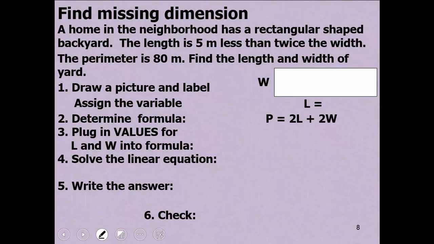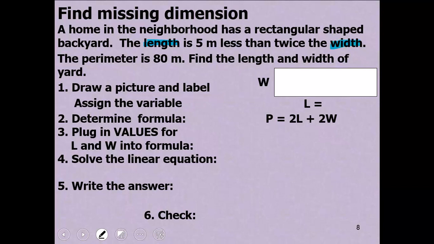Let's find the missing dimension. A home in the neighborhood has a rectangular shaped backyard. The length is 5 meters less than twice the width. Let's stop there for a second. Did you notice how your length is being described in terms of your width?